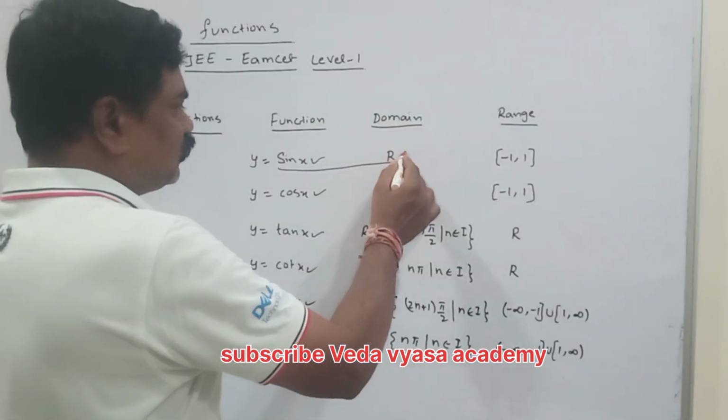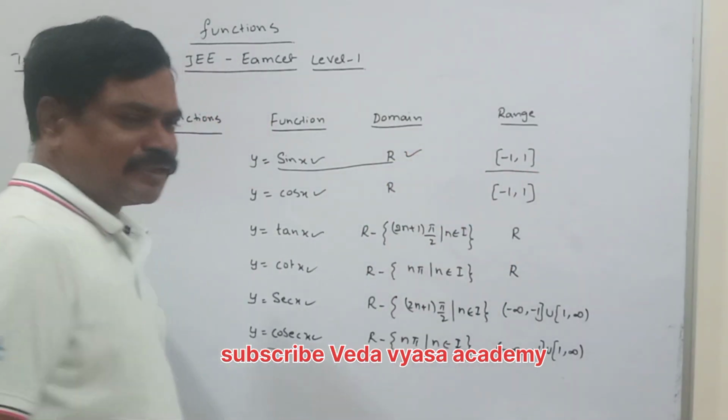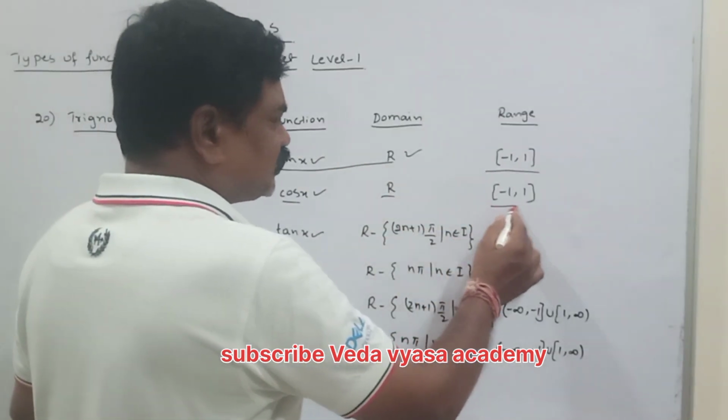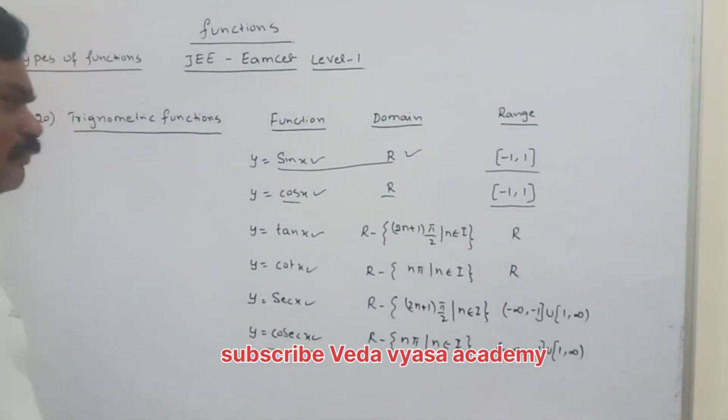Sin x: domain R, range closed interval minus 1 comma 1. Cos x: domain R, range closed interval minus 1 comma 1.